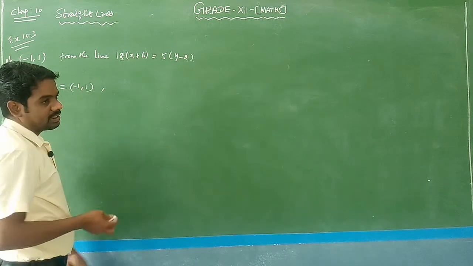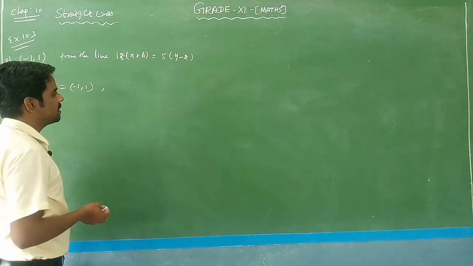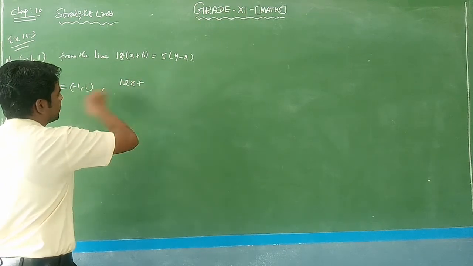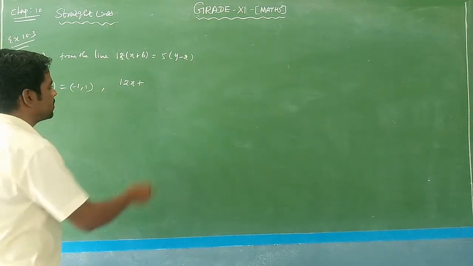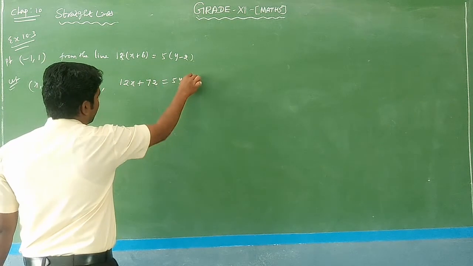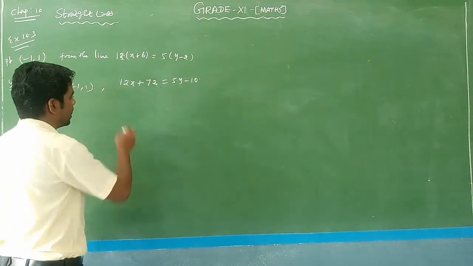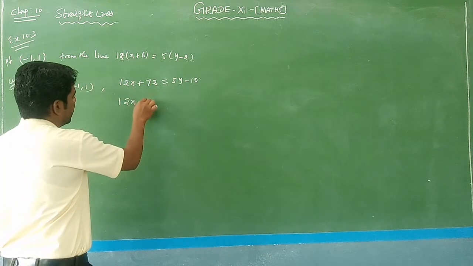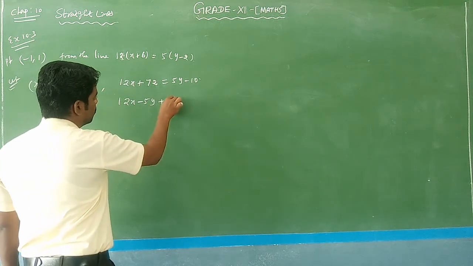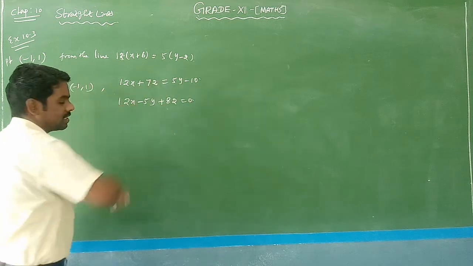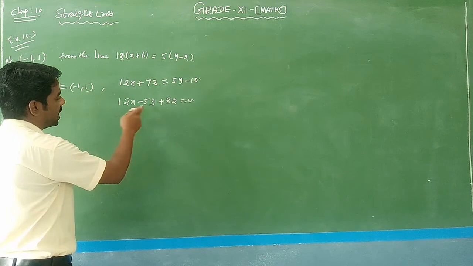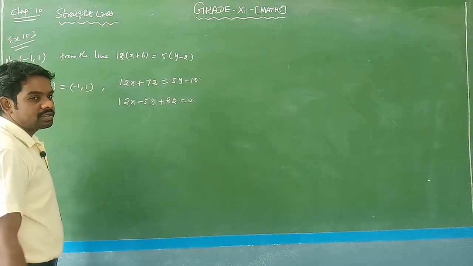Simplify this into the form ax + by + c = 0. So 12(x + 6) is 12x + 72, equal to 5y - 10. So 12x - 5y + 82 = 0, since 72 + 10 is 82. So 12x - 5y + 82 = 0.